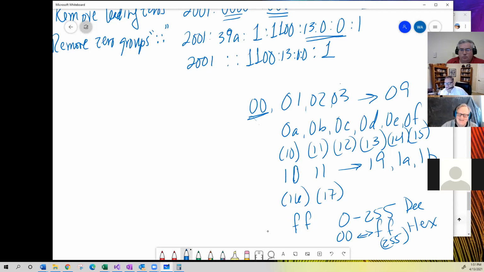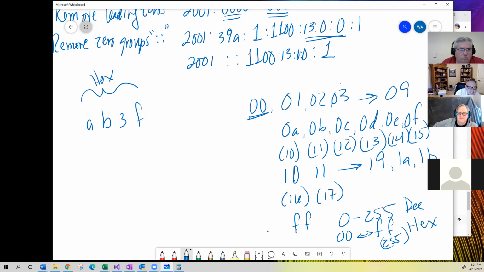Okay. Now each one of these, if I have an A, a B, a 3 and an F, each of these is a hexadecimal number, and of course it's groups of 4.